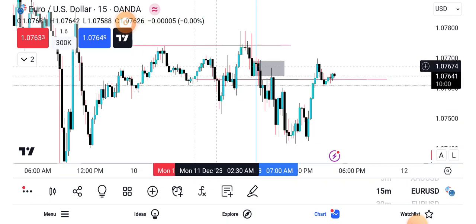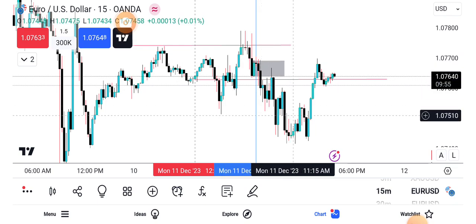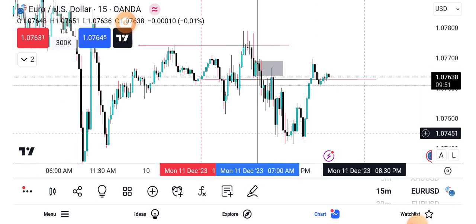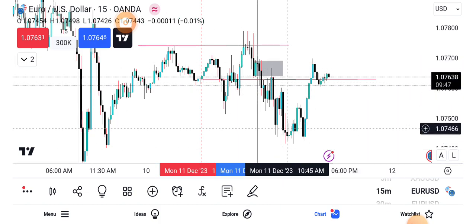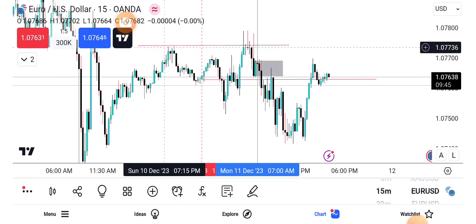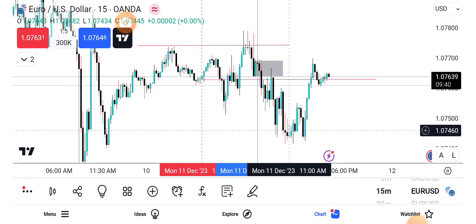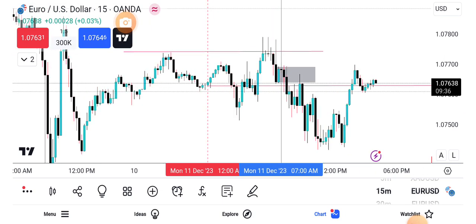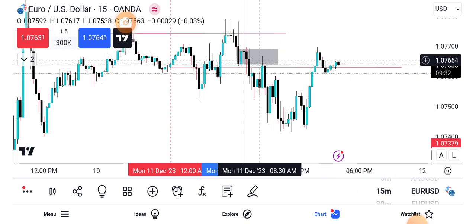We have this accumulation, we have this manipulation higher, then the displacement lower, right? So this is what Monday had to offer. Sell side was grabbed, then buy side liquidity, or buy stops, were grabbed, then we had this displacement lower.